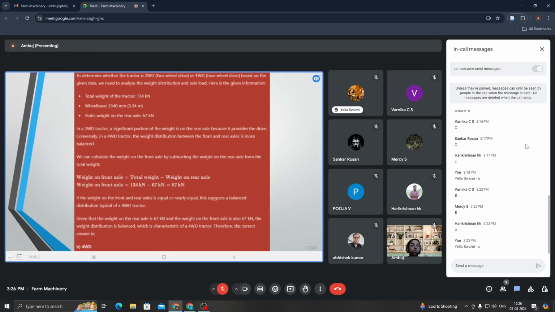Why? Because all the four wheels of the tractor generate traction. In case of a two-wheel drive tractor, the weight distribution would be 60-40. 60 on the rear wheel, 40 on the front wheel. I am talking in percentage. Why? 10% more on the rear axle. Why so? Because when the static weight on the rear axle increases, then the tractive ability of that particular axle increases.